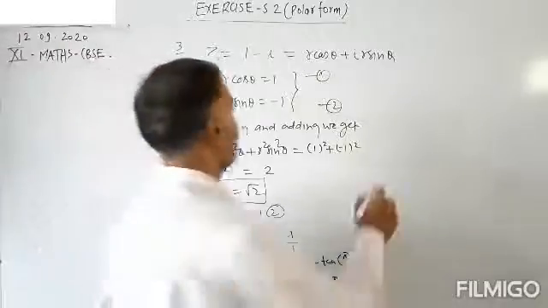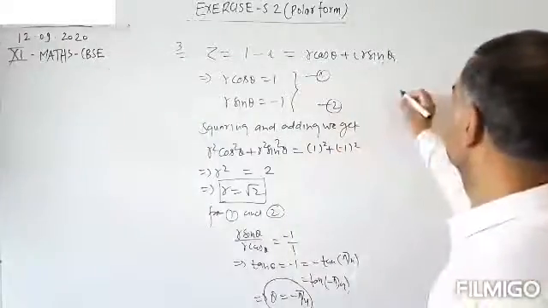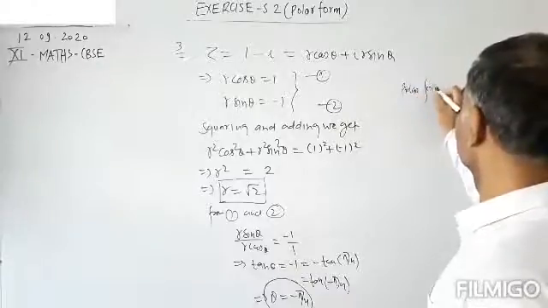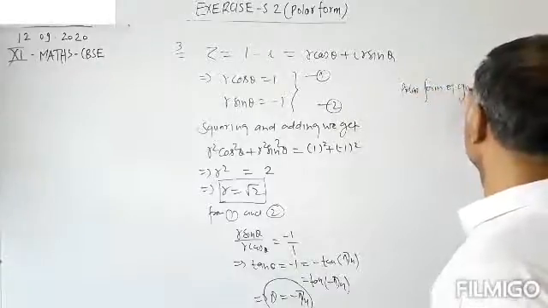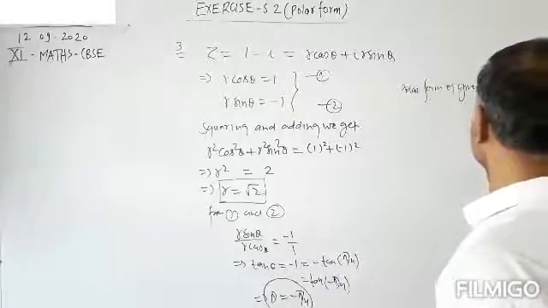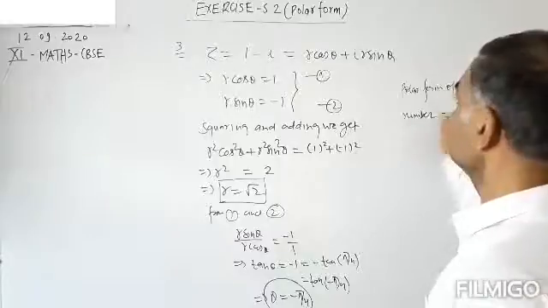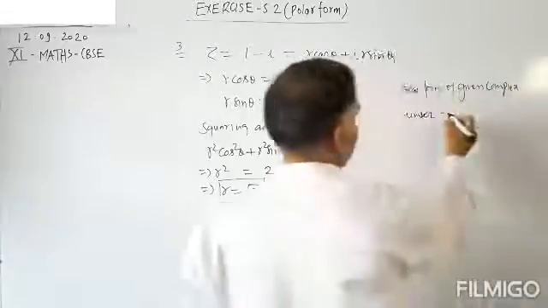Now the polar form of the given complex number equals r cos theta plus iota r sin theta.